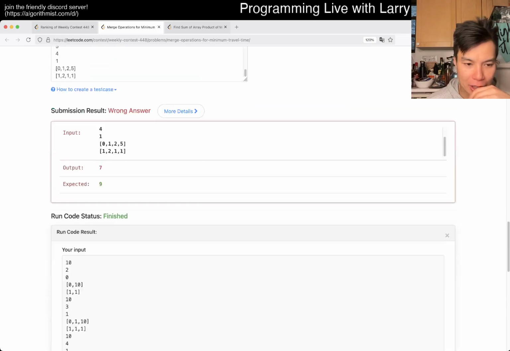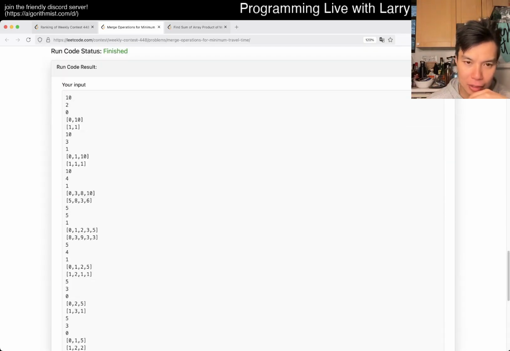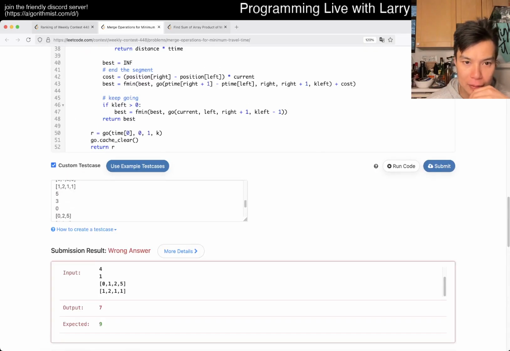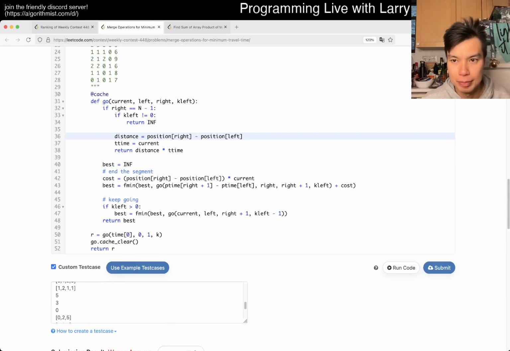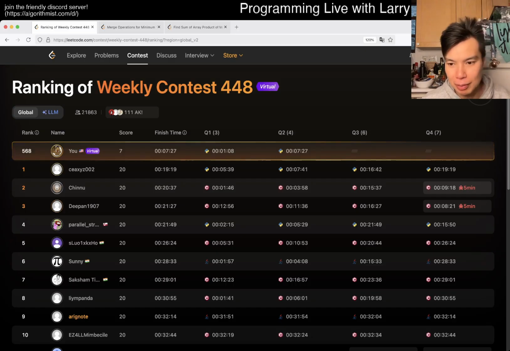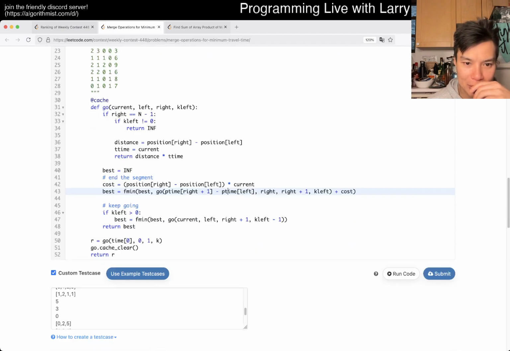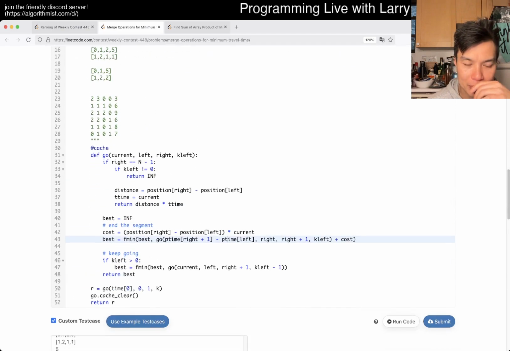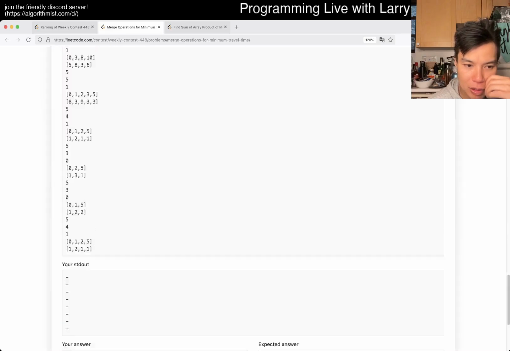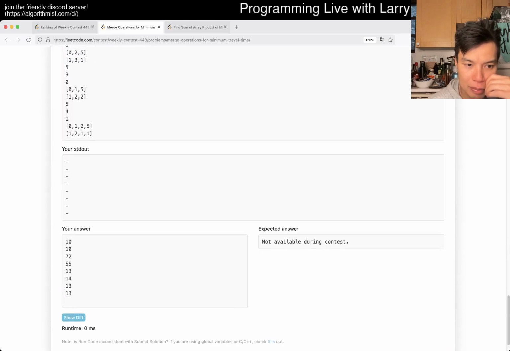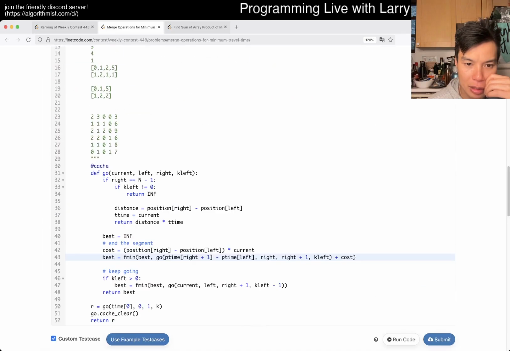I feel like the ideas are variations on this. It's just that I'm struggling today. 8 minutes, literally spent my entire time doing this. Like 4 lines of code or whatever. Why is this wrong though? 10, 10, 1, 72. So this is higher.